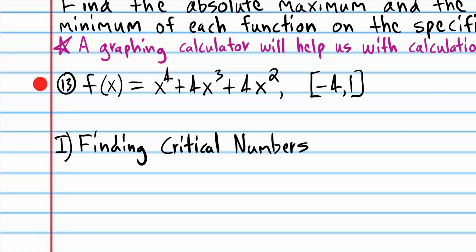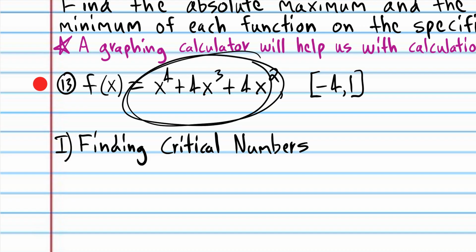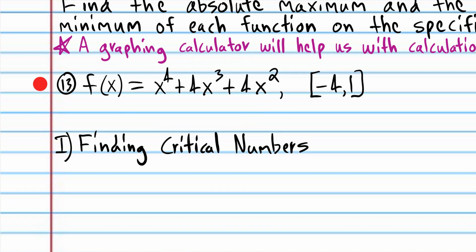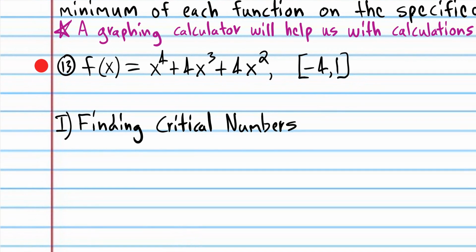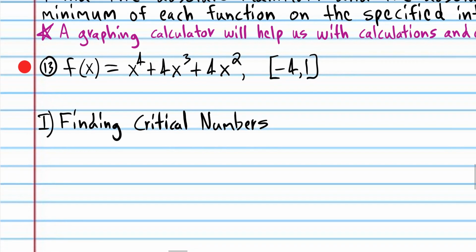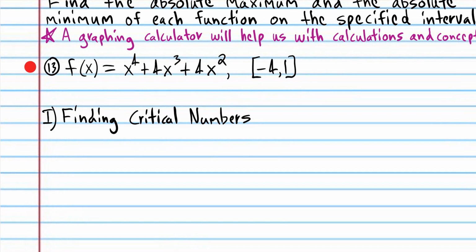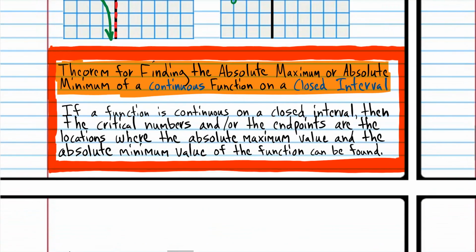You can also think about it as finding the biggest output of the function when x is between -4 and 1, inclusive. So in order to do this, we don't really need the graphing calculators to solve this problem, but we're just going to use them to help us understand the general concept of this theorem here.